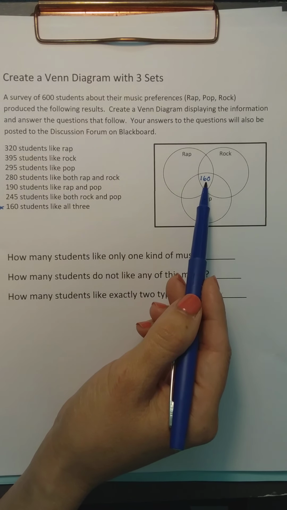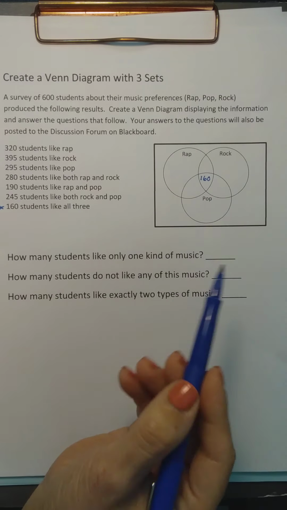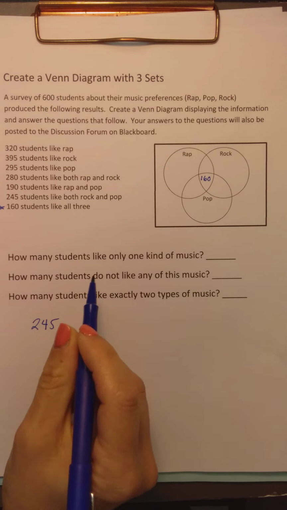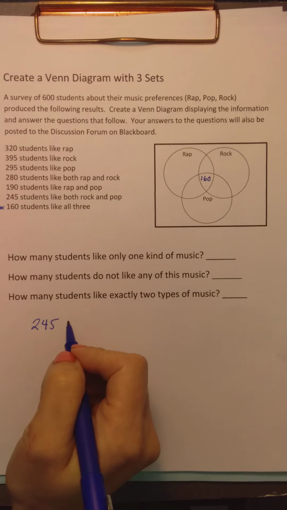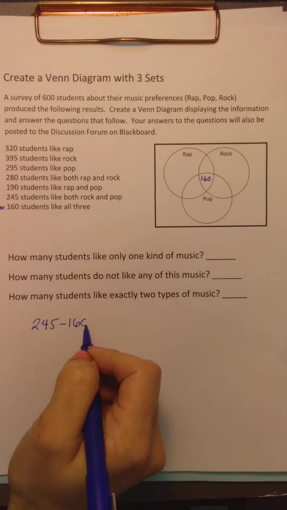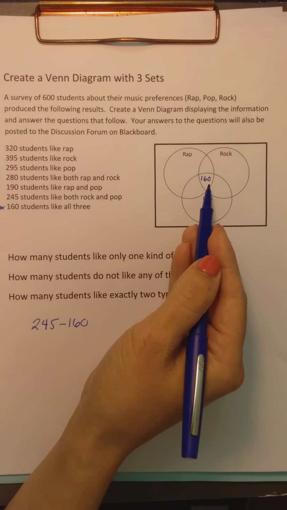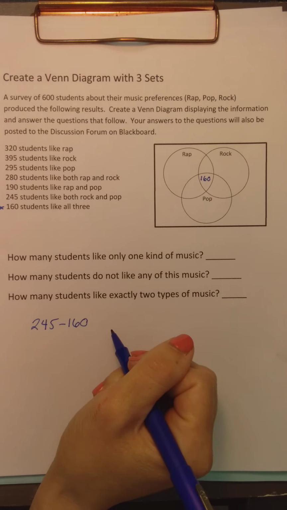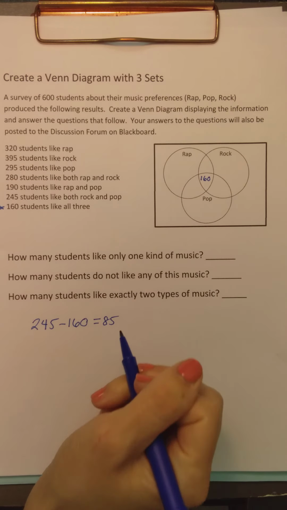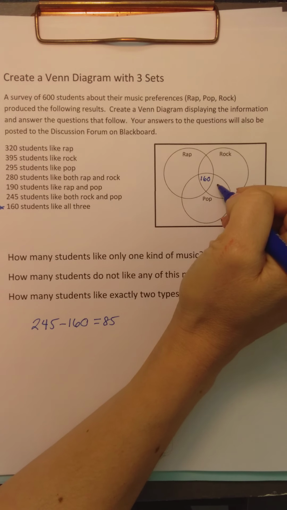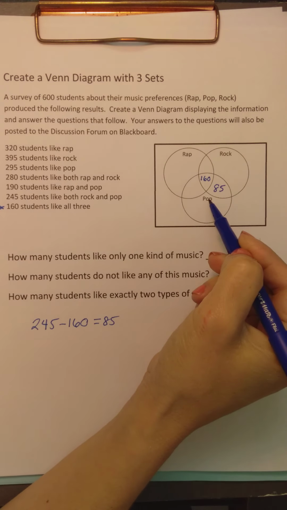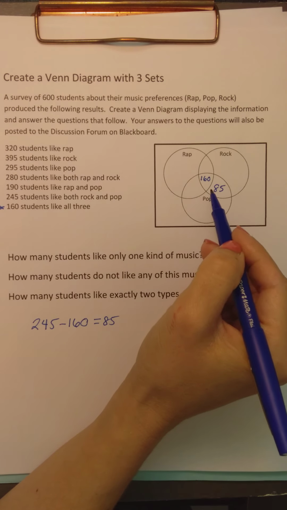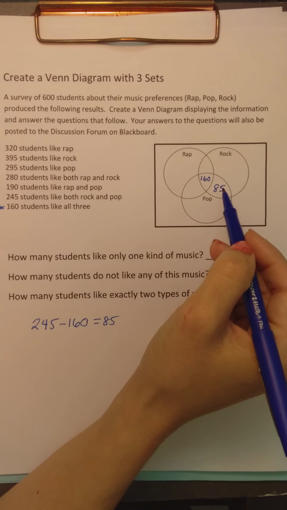So in order for us to find the number that goes here, we could take the 245 students that like both rock and pop and take off the 160 that were already counted in this region. So when we subtract 245 minus 160, we have 85. So that means that 85 students like pop and rock only. And if we combine these two numbers, it still gives us the total of students who selected both pop and rock in their choices.